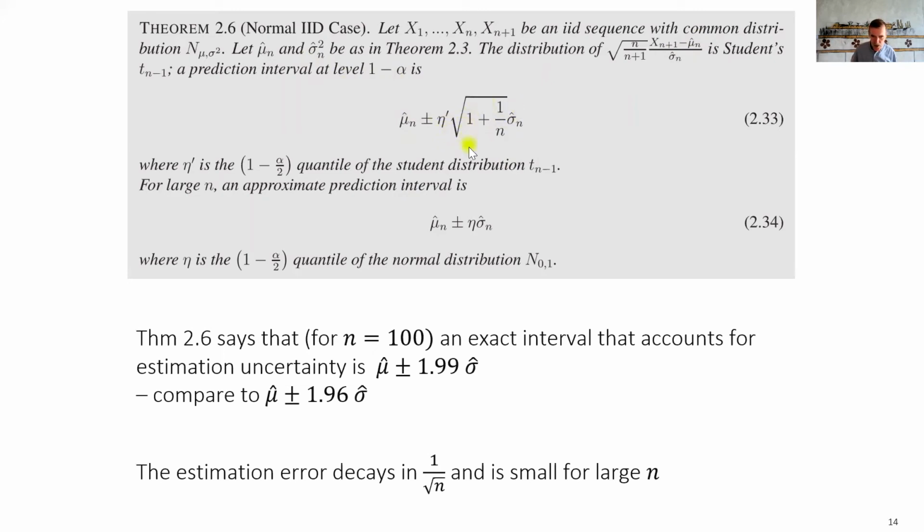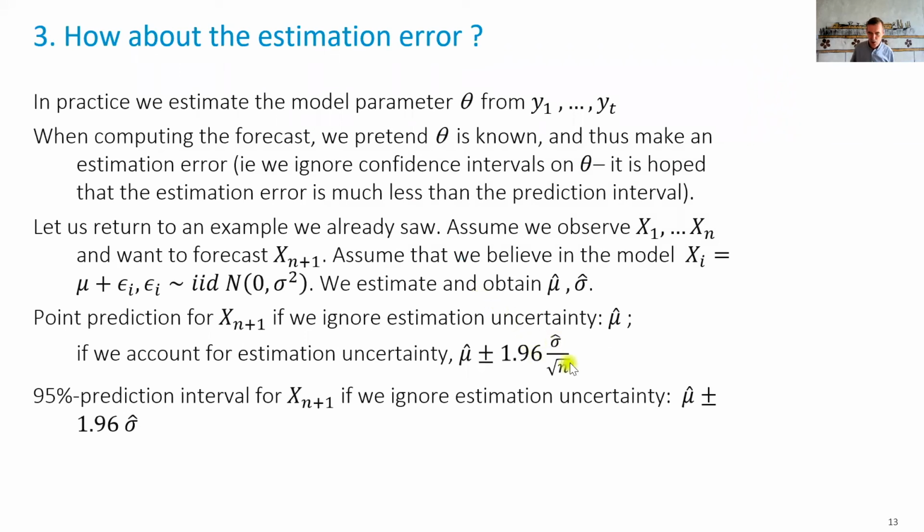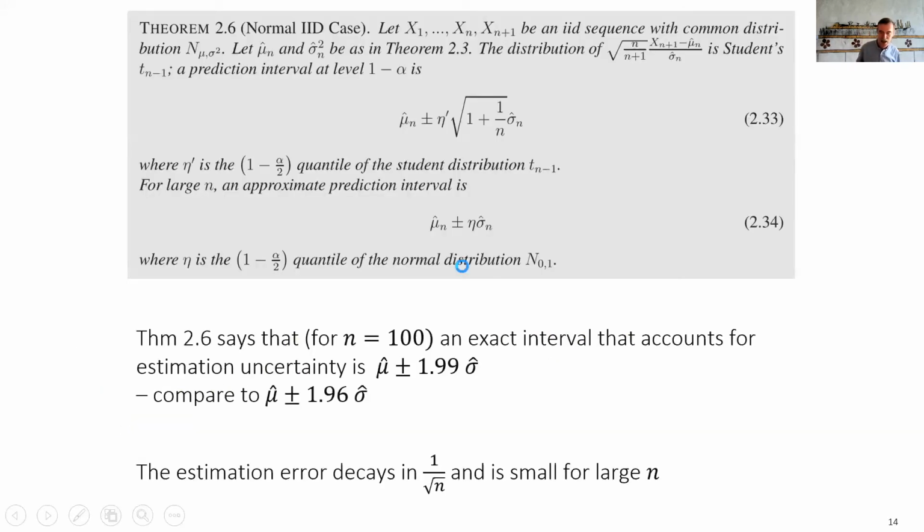But here, there's a square root term of 1 plus 1 over n. So in some sense, we add the two terms that we saw before. 1 over square root n is the uncertainty we have in the confidence interval for the mean, and 1 is the factor we have for the prediction. Exactly, if we want to do things, we put everything under the square root and we add them, and that's a true prediction interval.